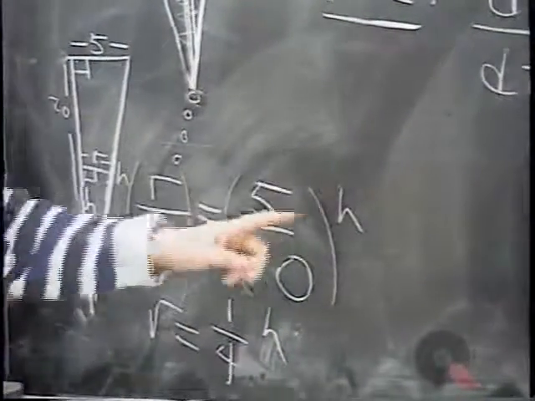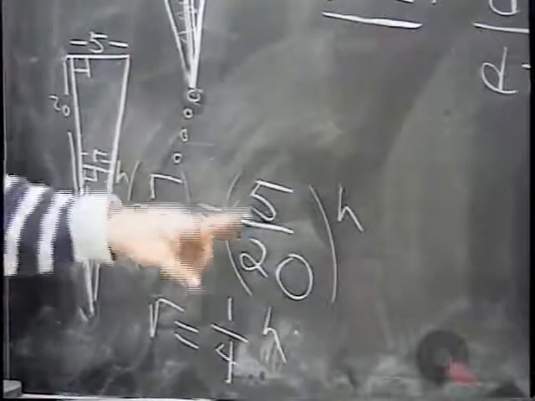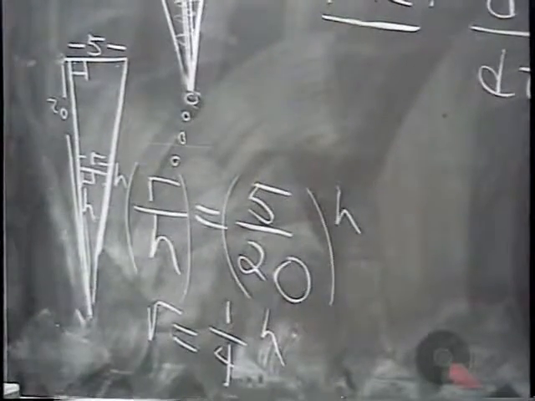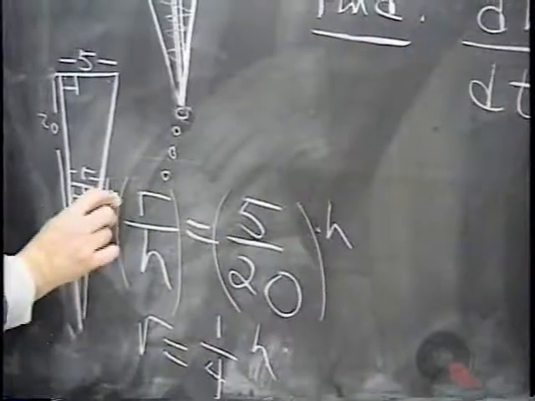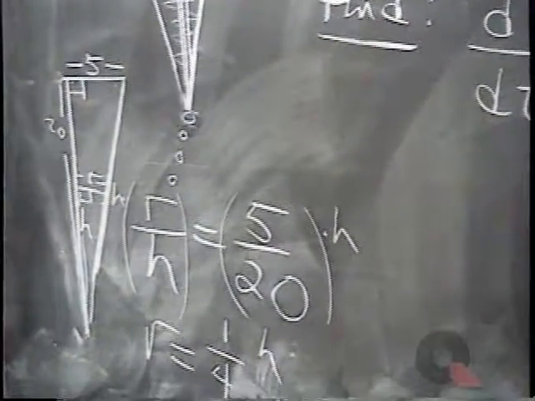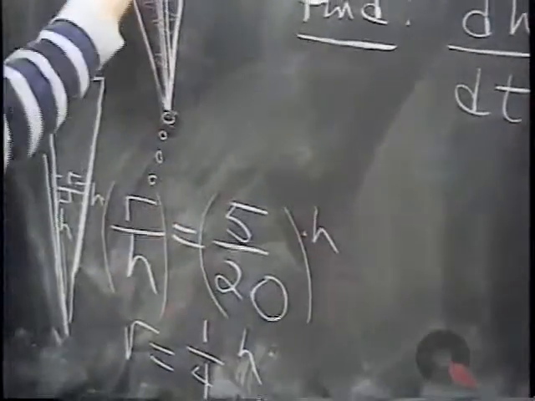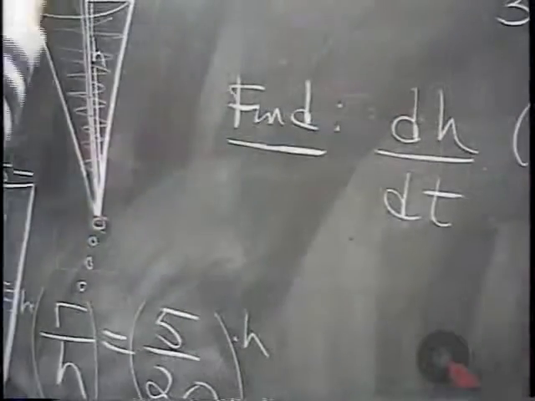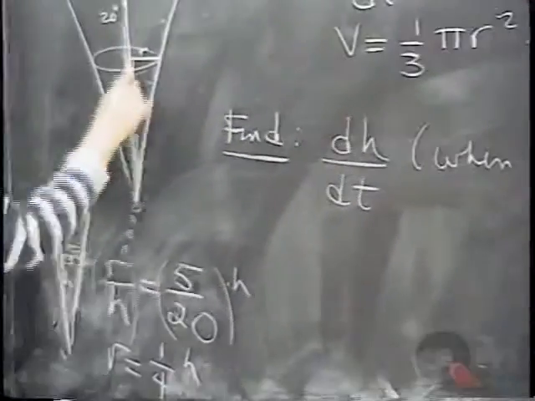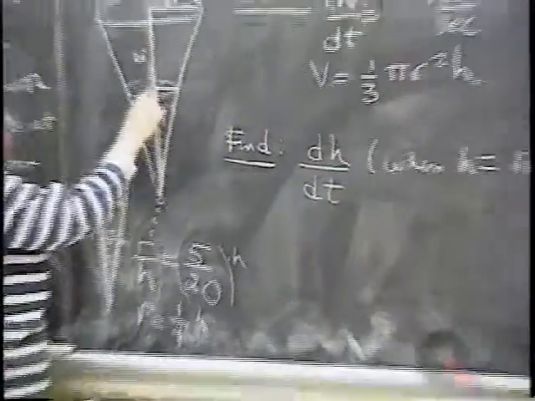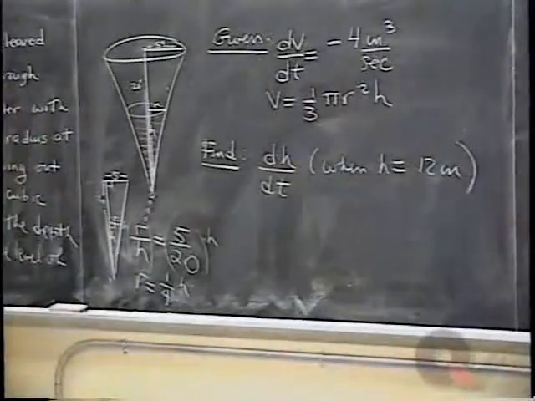So multiplying both sides by H, we get R is equal to 1/4 H. So R is always 1/4 H if it's going to be in this filter. And it's not possible for H to be 20 and R to be 1 inch. We now see the actual mechanism here is that the radius is always going to be 1/4 of the height.